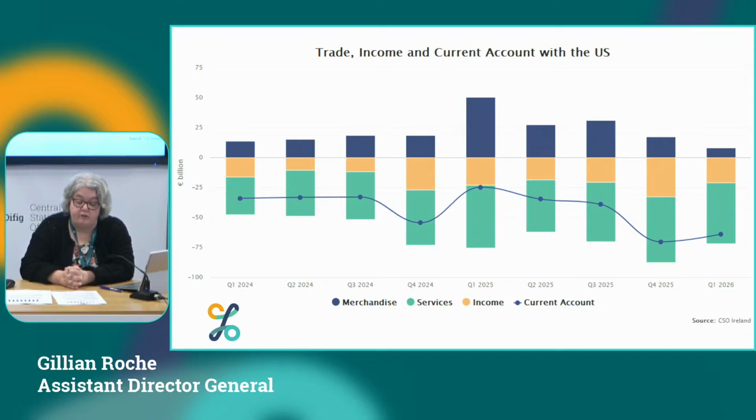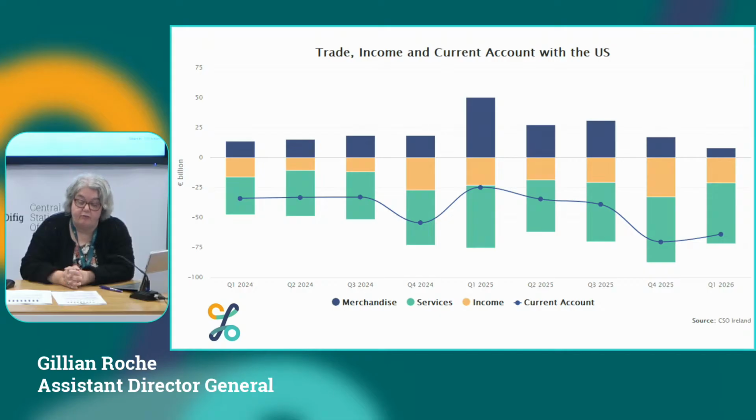And within that, we can see the decrease in the merchandise balance, the navy bar, down by 42.8 billion year on year, and 9.3 billion quarter on quarter to its current level of 7.9 billion. On the services side, where we have a net deficit, that deficit has decreased by 1.4 billion year on year to 51.1 billion, a decrease of 3.7 billion on last quarter.